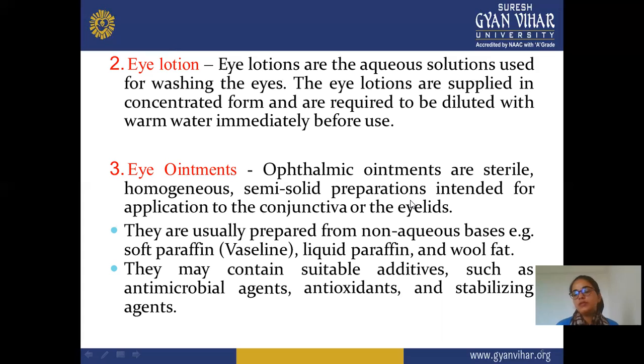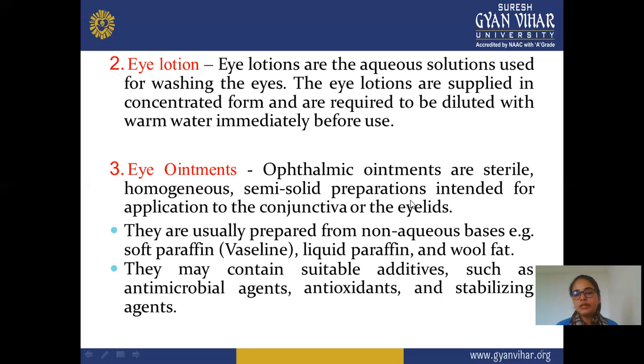Means in this, the main ingredient used for ointment is a non-aqueous base, and among these non-aqueous bases, soft paraffin is majorly used, and liquid paraffin or wool fat are also used. So these are the non-aqueous bases that you can use for preparation of your ophthalmic ointment, maybe soft paraffin, maybe liquid paraffin, or maybe wool fat.